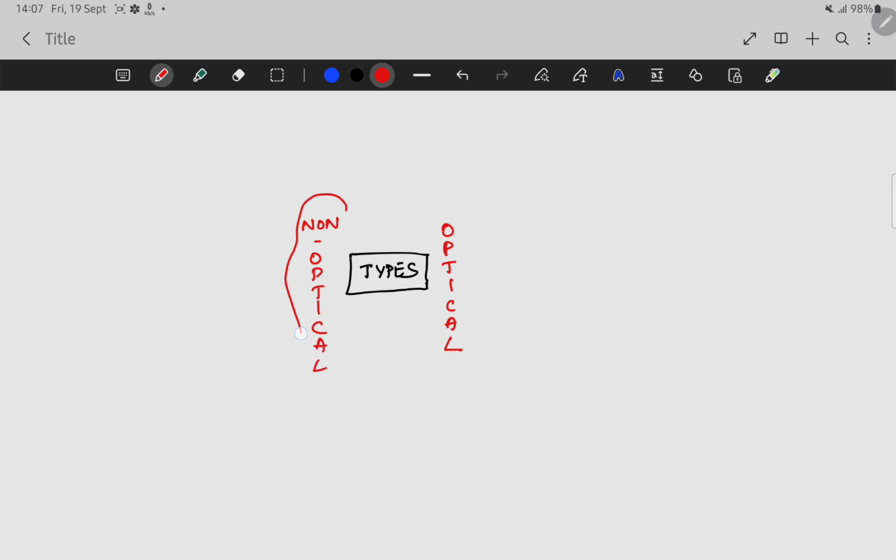Okay, so this is non-optical and this is optical. So these are the types.